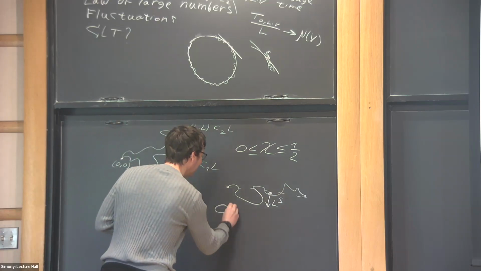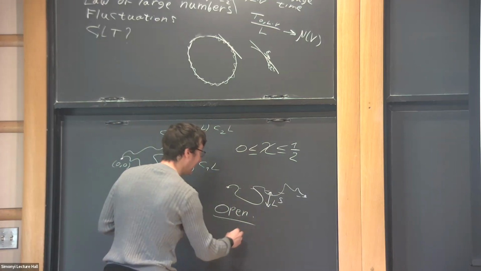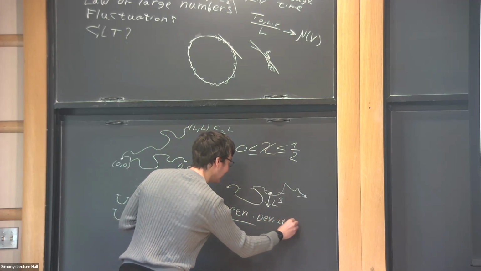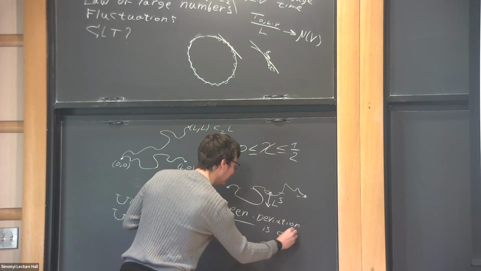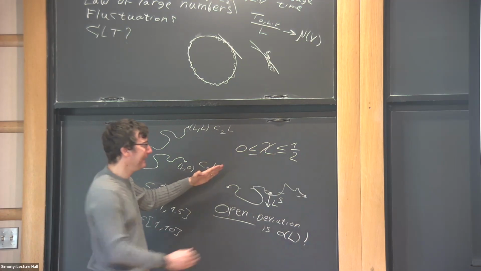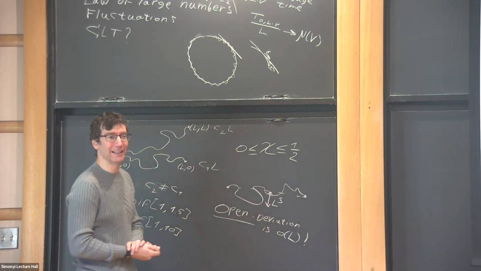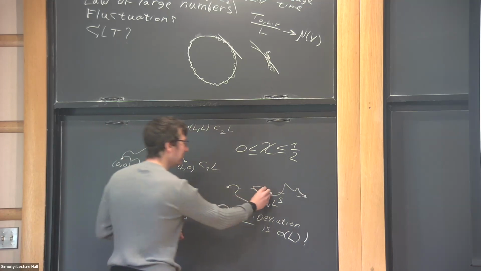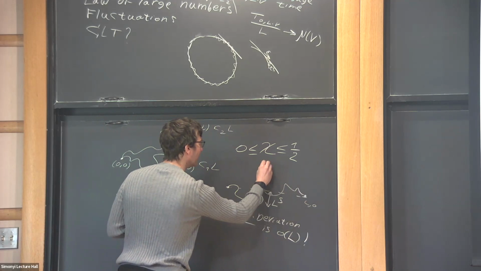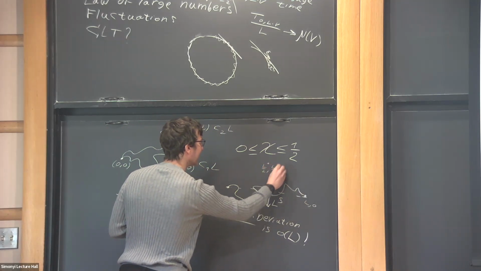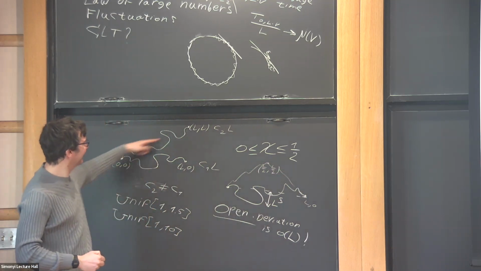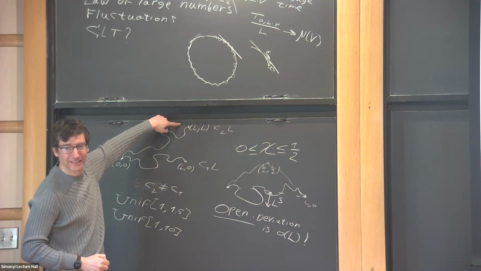So it is open whether the deviation is little o of L. So we cannot say that the optimal path is not a macroscopic triangle. We do not know that in the midpoint it doesn't go through, if this is L0, it doesn't go through L over 2, L over 2, say. It doesn't do like that. We don't know that. This is related to the previous question of showing that going at an angle costs you more.